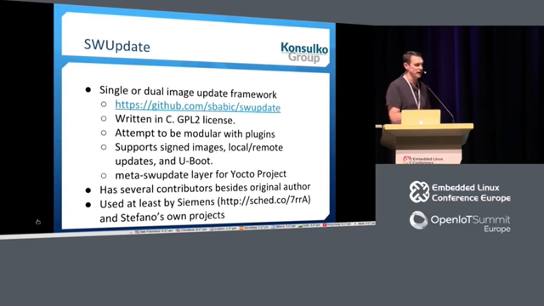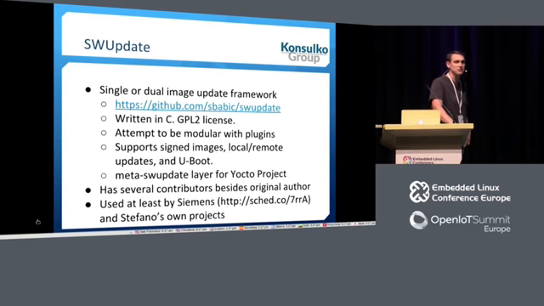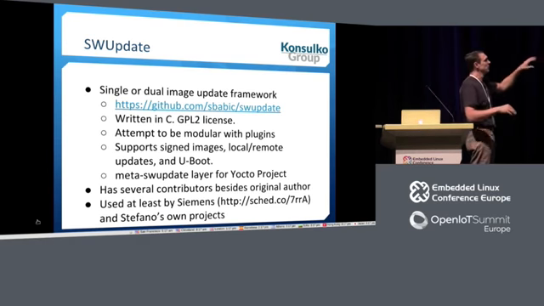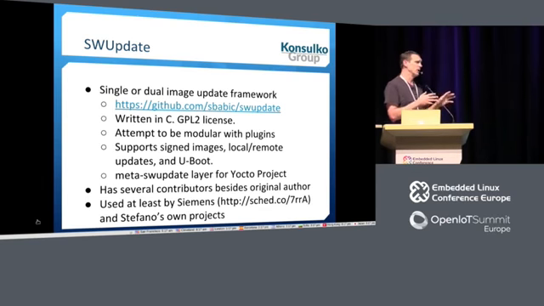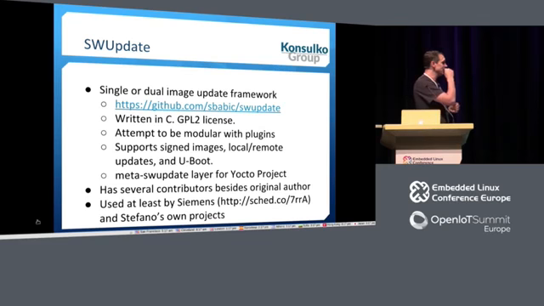He has a notion of handlers that you can plug in for different image types, and within those handlers you'll find support for signed images. Also local and remote updates from a couple of different schemes. There's a built-in web server and RESTful API support. We'll get into that next.